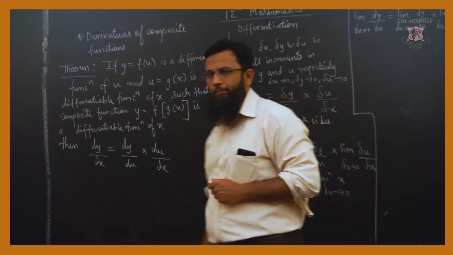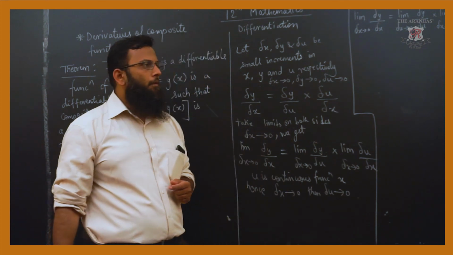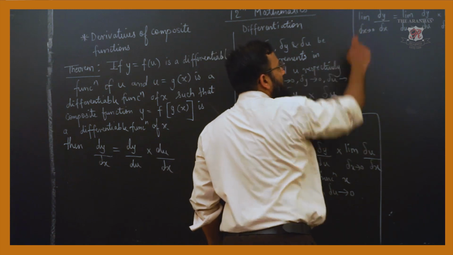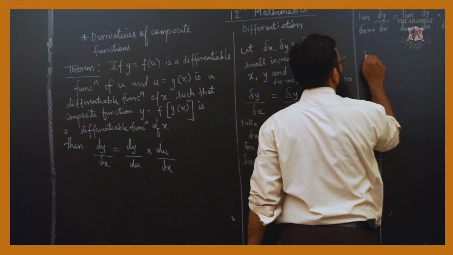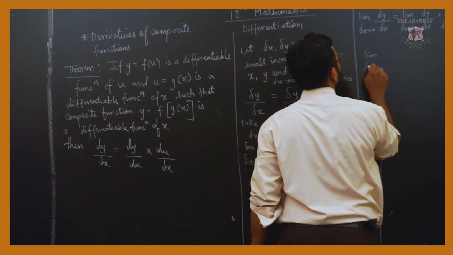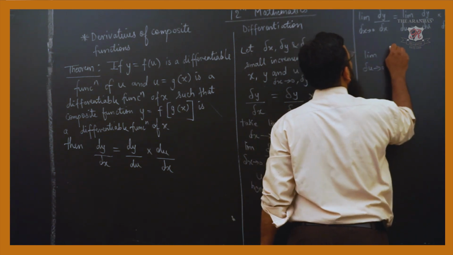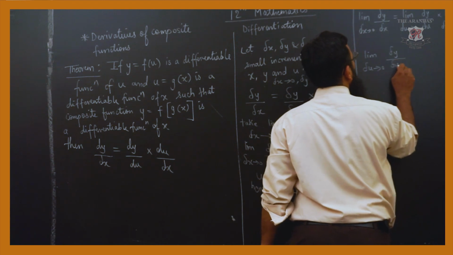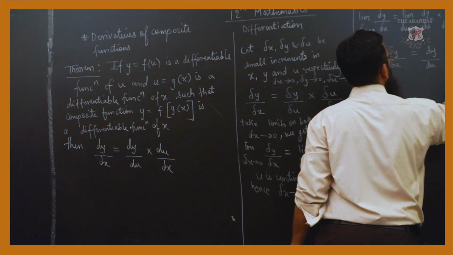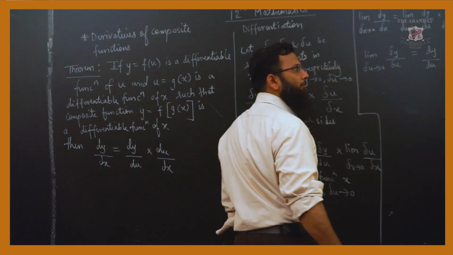This will be our use case. Now further, we are aware of the limiting values of the RHS. When delta u tends to 0, delta y upon delta u is dy by du. Let us call this equation 1.